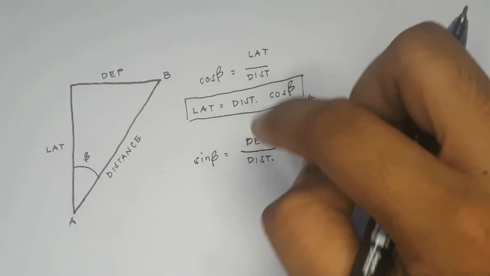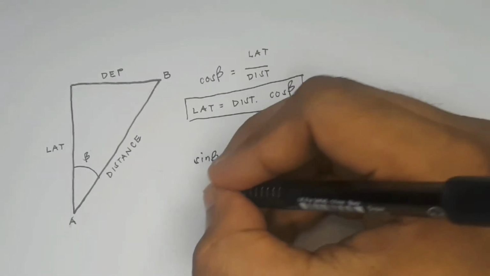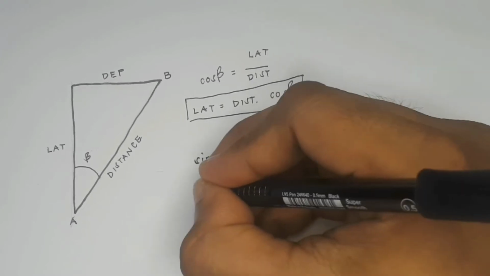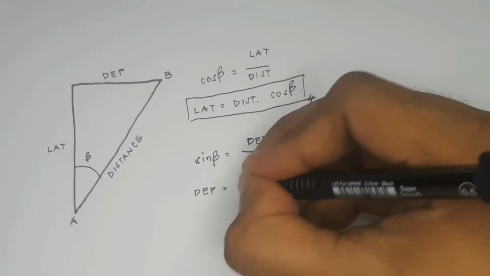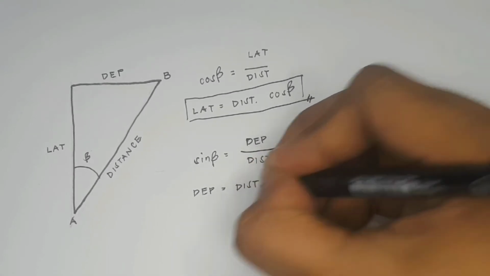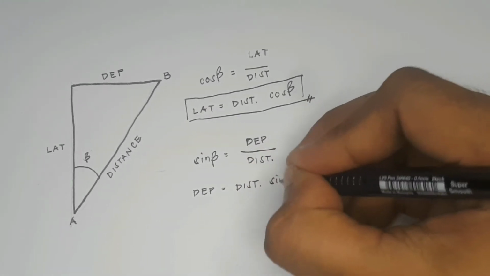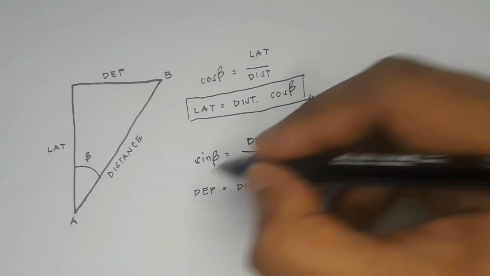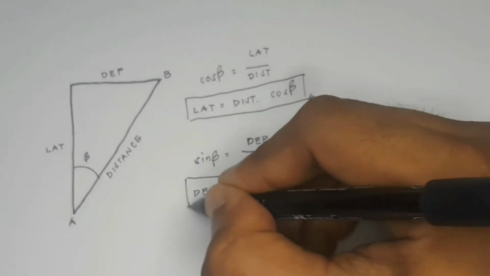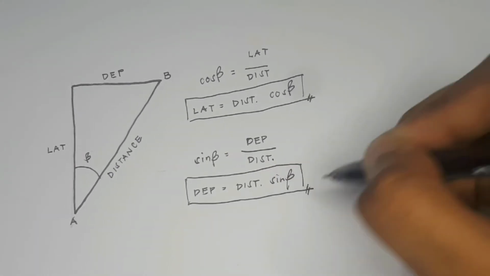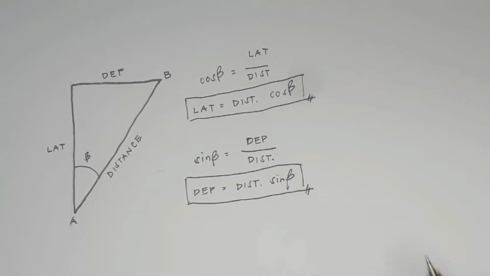So our formula for departure is: departure equals distance times the sine of the bearing angle. So that's all.